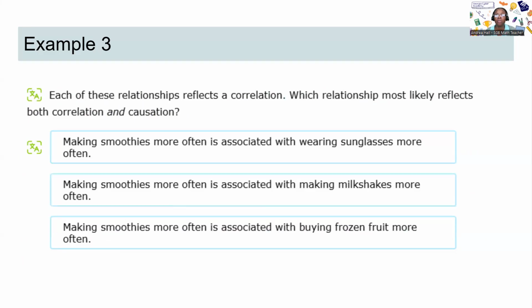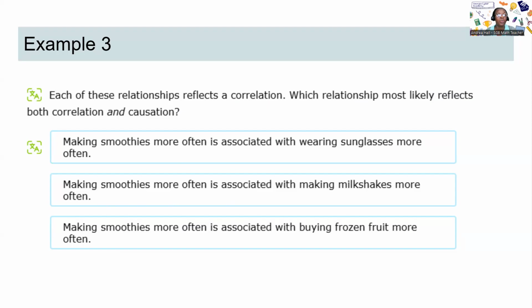Making smoothies more often is associated with wearing sunglasses more often. Okay, interesting. Making smoothies more often is associated with making milkshakes more often. Okay. Making smoothies more often is associated with buying frozen fruit more often.